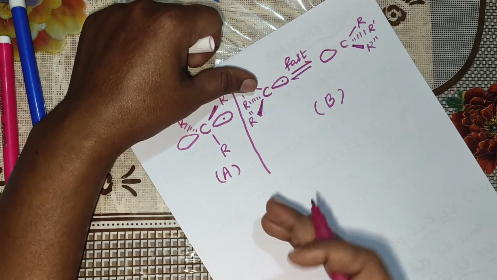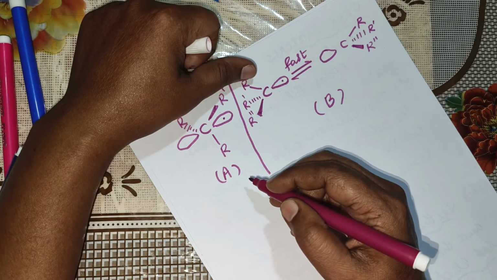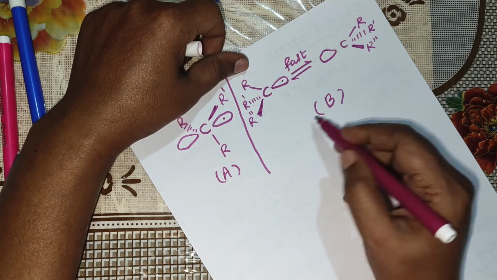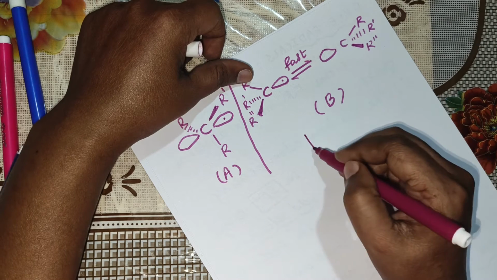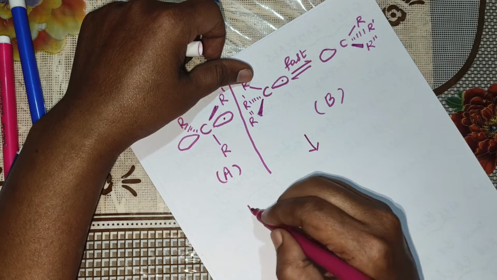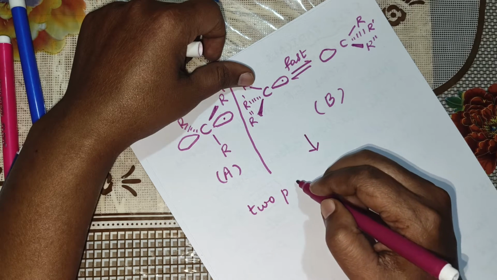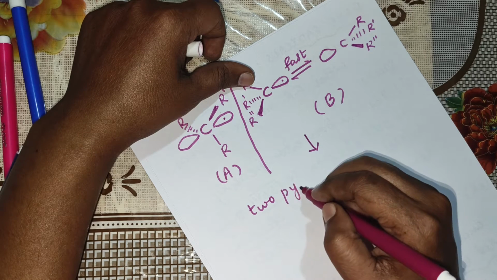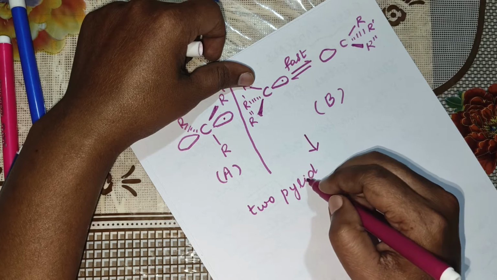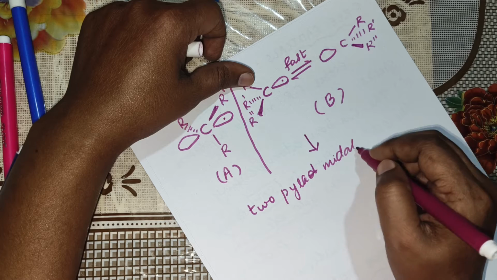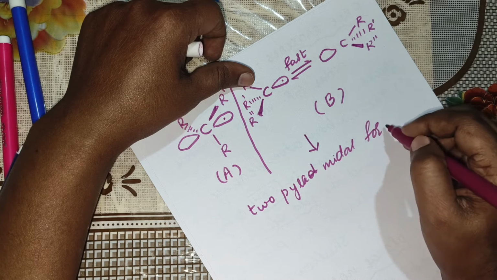When you observe, two pyramidal forms are there, as we have already seen. In B, how many pyramidal forms? Two pyramidal forms, we can say here.